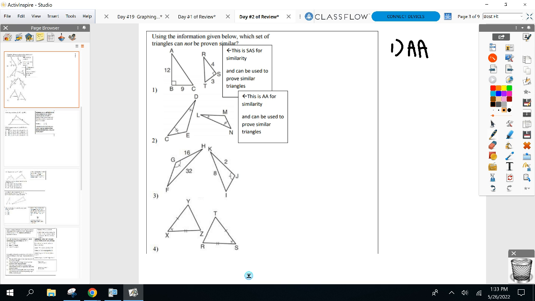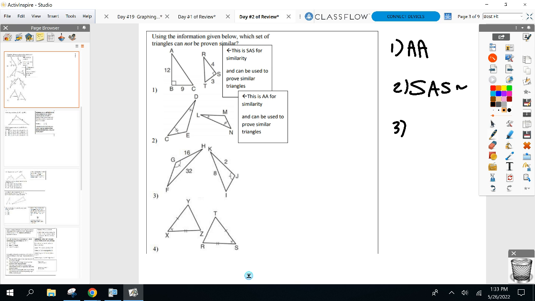Angle. Woo-hoo! We got 2 other methods, though, we could use. Angle. I know it's up there already, too, but go ahead. Anybody? Angle. What are the other 2 methods of proving triangles similar? Serena? Side angle side. Similarity.